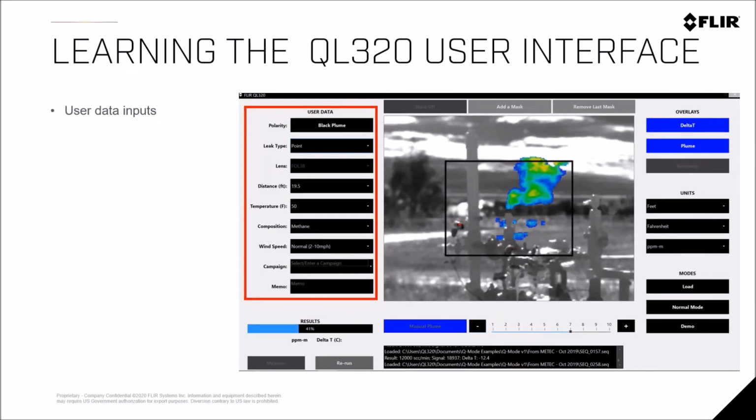The reality is a lot of the response factors may be similar. As I showed you earlier, propane and methane are pretty different, with methane having a lot less response factor than propane, but there may be gases like butane that have a similar response factor to propane.